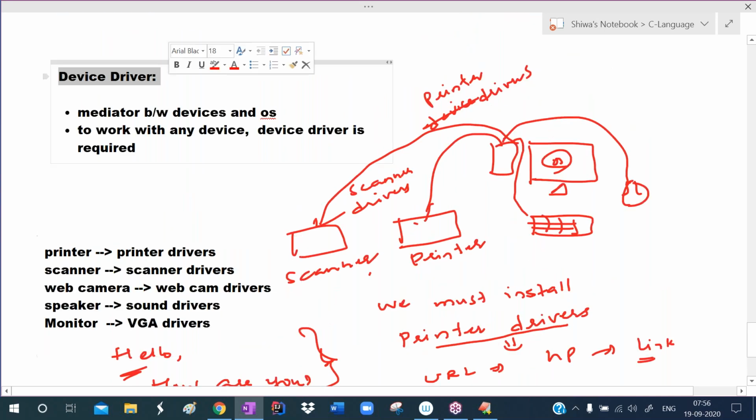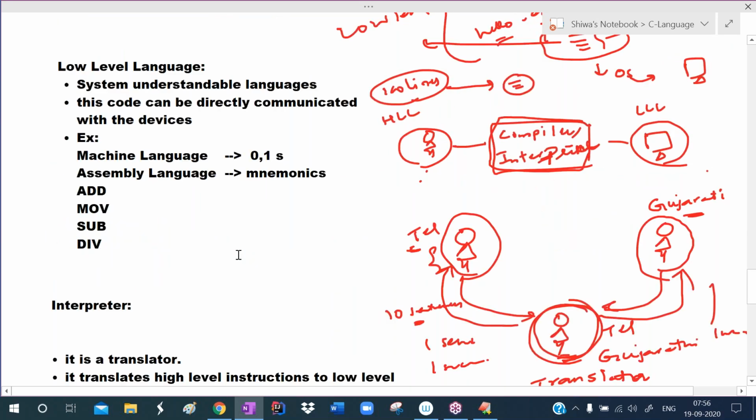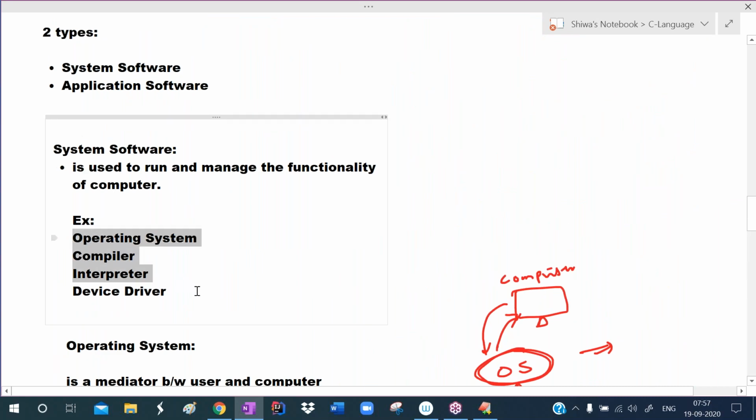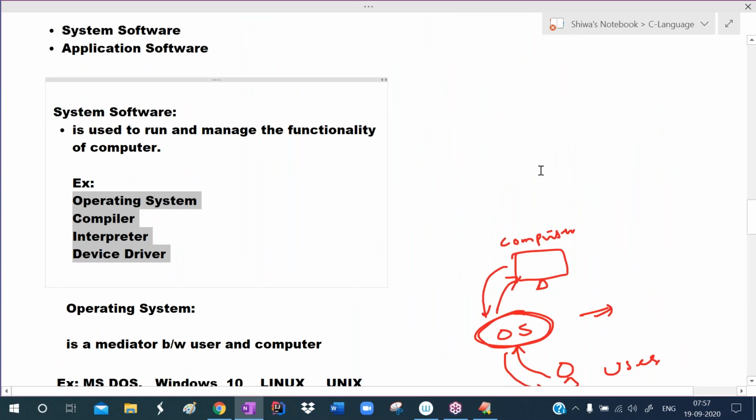So this is about device drivers. Now very clearly we discussed system software. We discussed the examples of system software: operating system, compiler, interpreter, and device driver. All these softwares are compulsory to run the system.